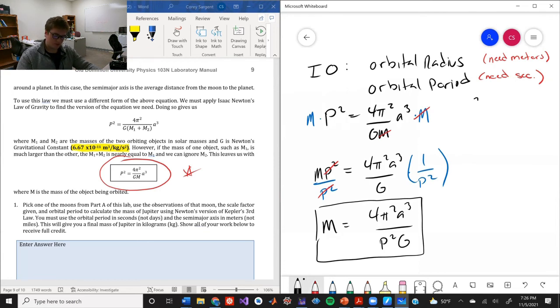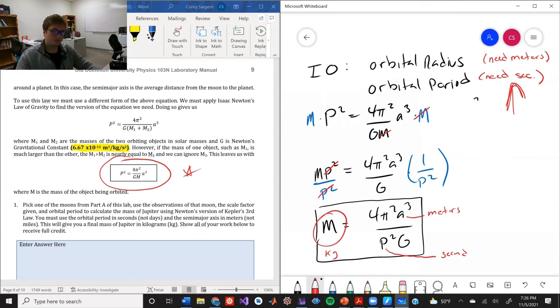This is the equation that we're going to want to plug things into, because we are looking for mass. If you converted a correctly into meters, and P correctly into seconds, then your mass will be in kilograms. That's why these conversions are really important.